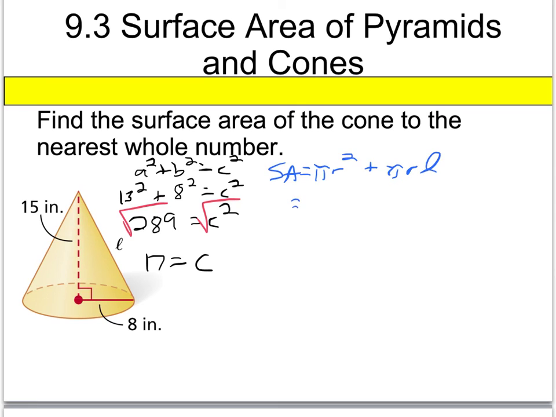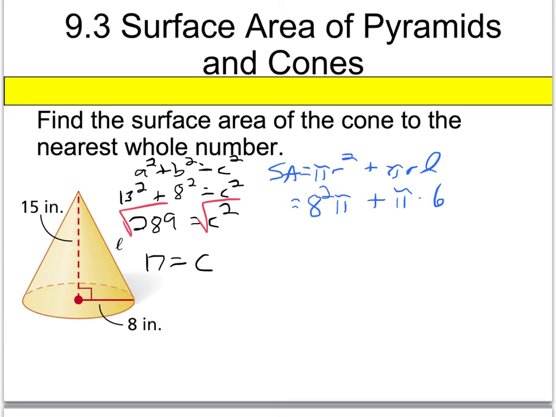Now plug in the information that you know. You know your pi, 3.1415. You know your radius, 8. You know your slant height, 17.